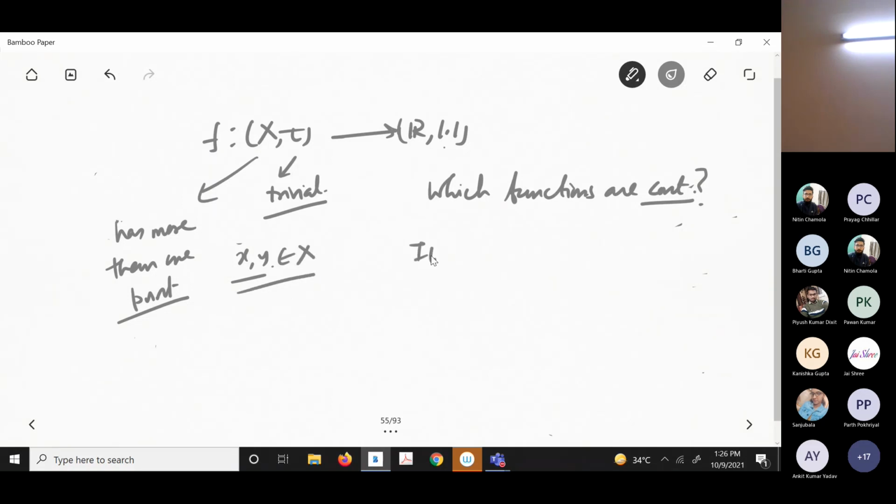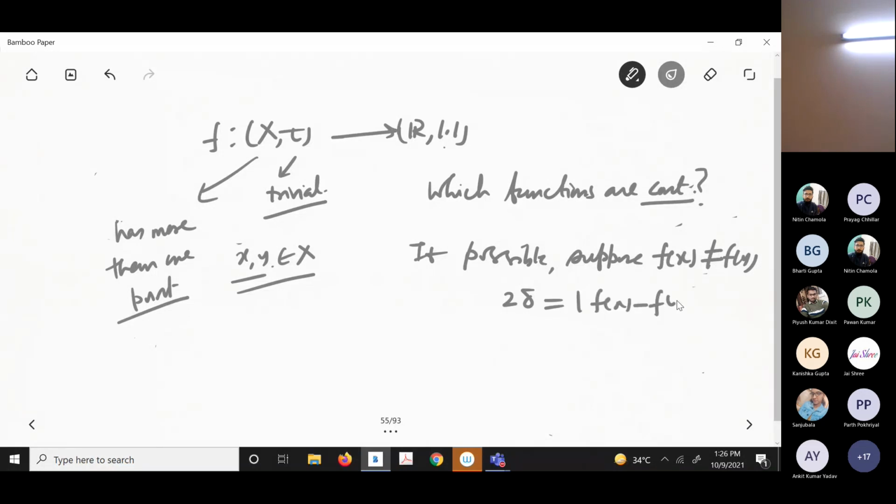If possible, suppose f(x) is not equal to f(y). Take 2 delta to be the distance between them. Now (f(x) minus delta, f(x) plus delta) is a neighborhood of f(x). It doesn't contain f(y) because I have taken 2 delta.